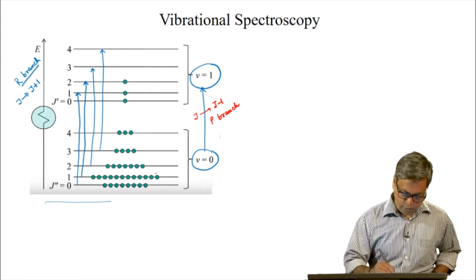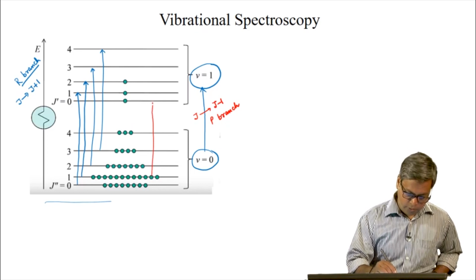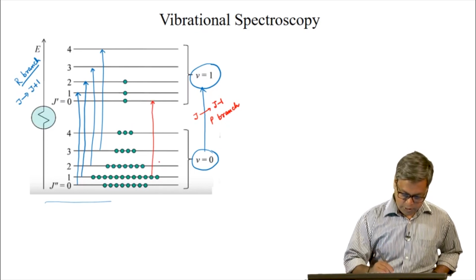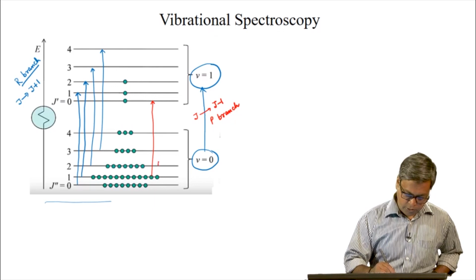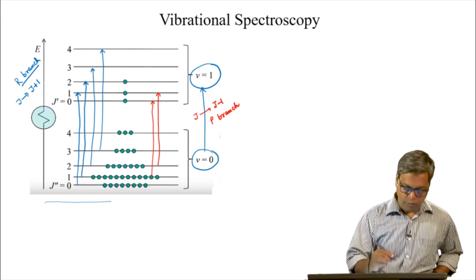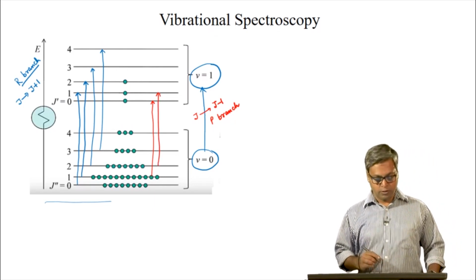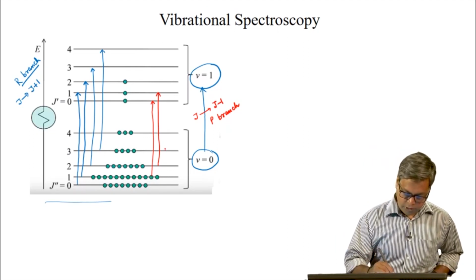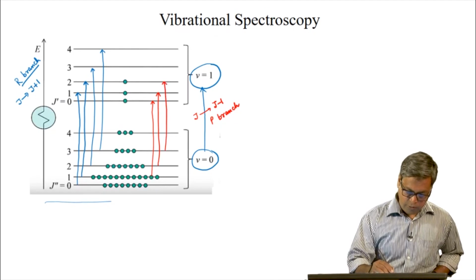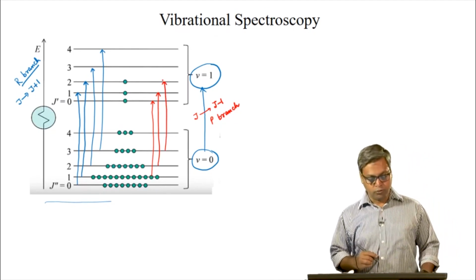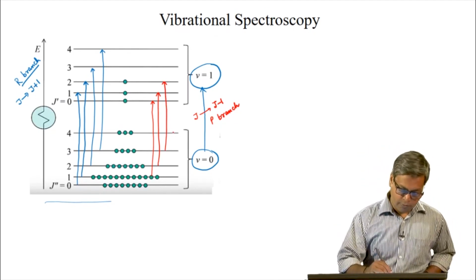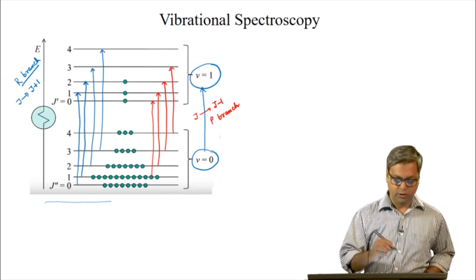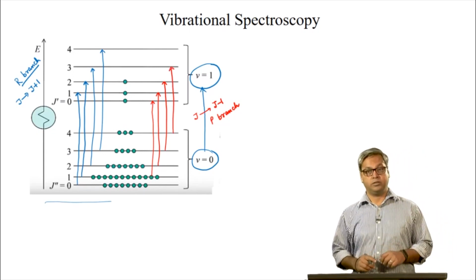So, we have from 1 it is going to 0, then from V equals 0, J equals 2 to V equals 1, J equals 1, from V equals 0, J equals 3 to V equals 1, J equals 2, and from 4 to 3. So, these are the P branches.